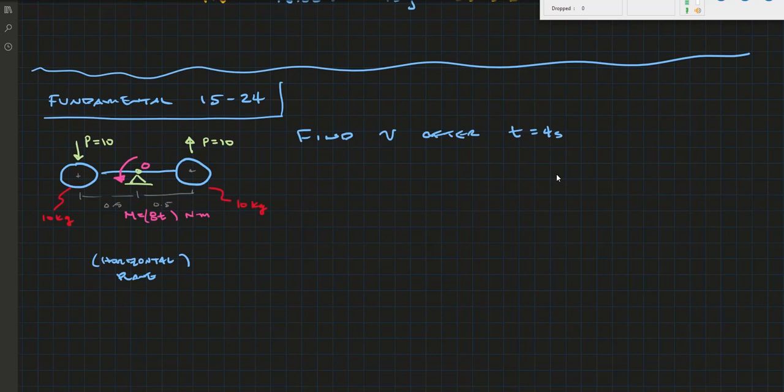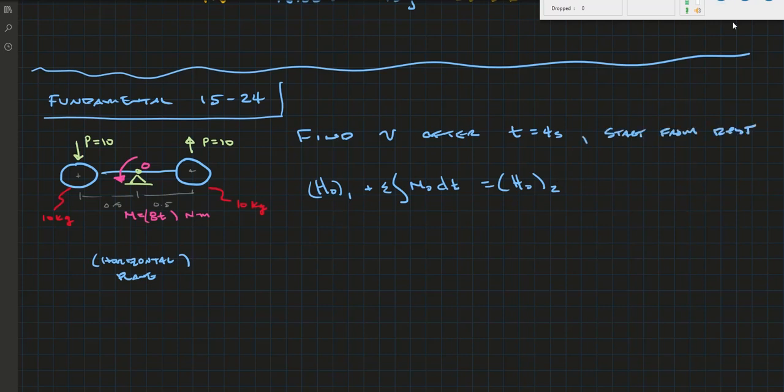So let's use our linear impulse, or rather angular impulse momentum relationship. H naught 1 plus the integral of the sum of our moments dt equals our final angular momentum. We're going to start from rest here, which means the first term goes to 0.